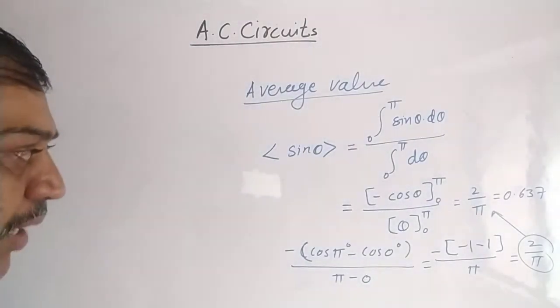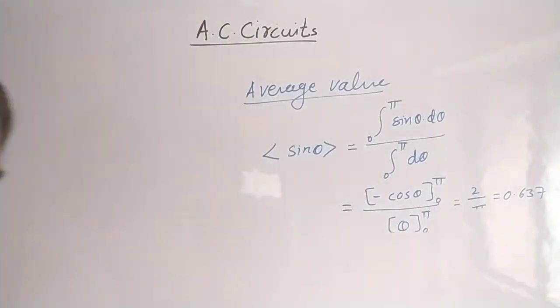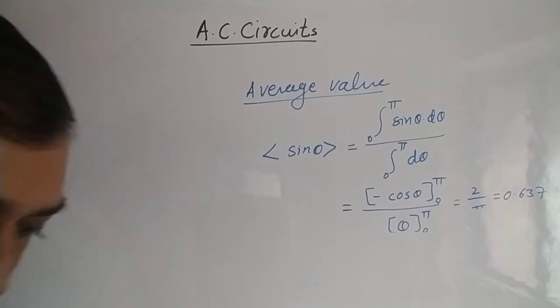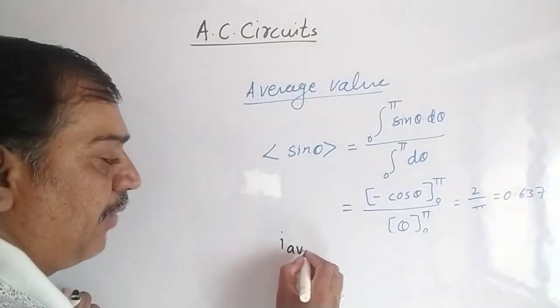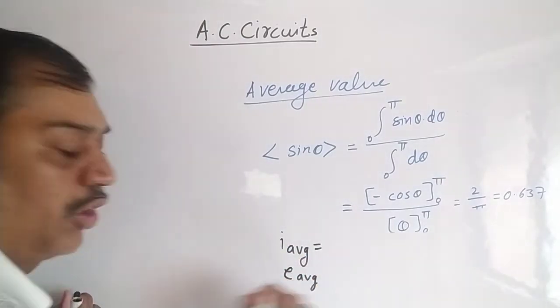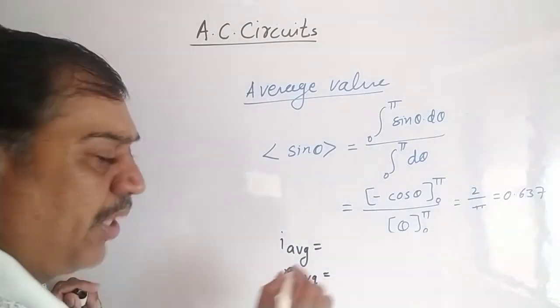From this, how can we write? The value of average current is represented by I average, and EMF is represented by E average. E average means the average value of EMF, and I average means the average value of current.